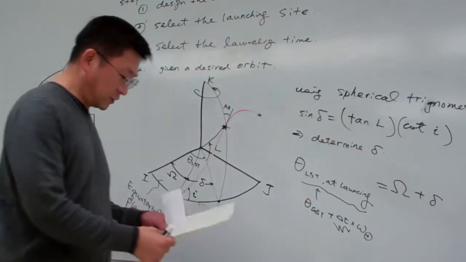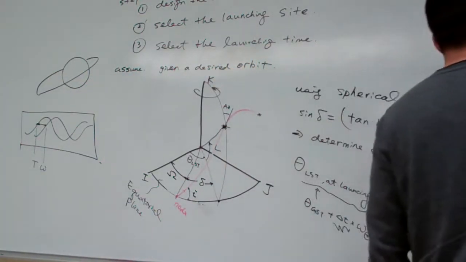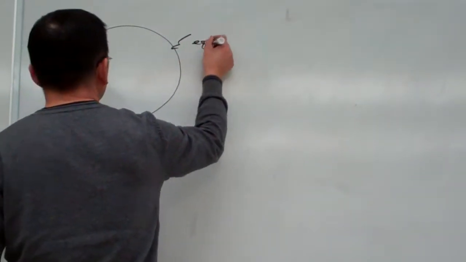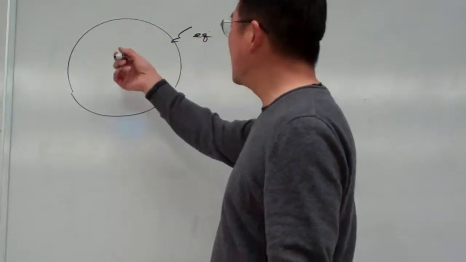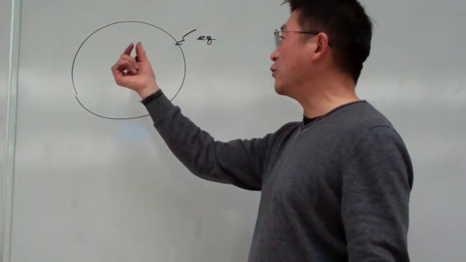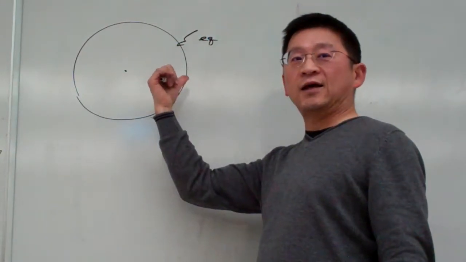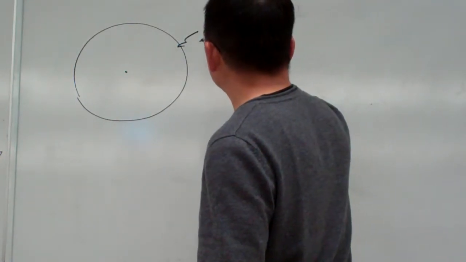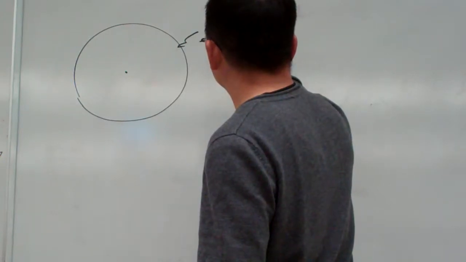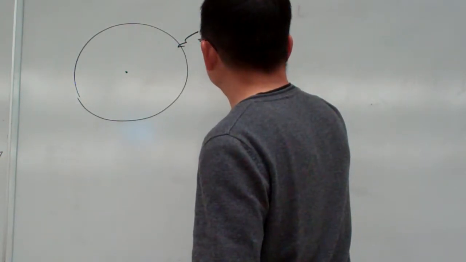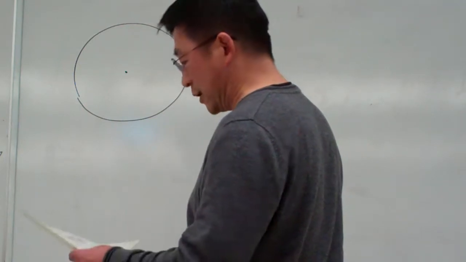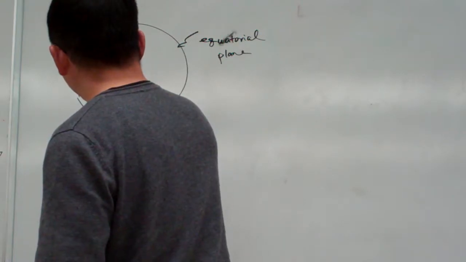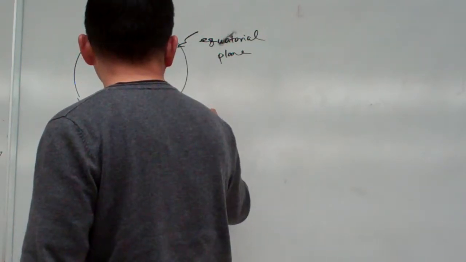Let me put it into the calculation here. If this is the equatorial plane, looking at it, the North Pole is here, and the South Pole is on the other side of the board. So this is the equatorial plane. Here, for example, is our y-axis and z-axis.